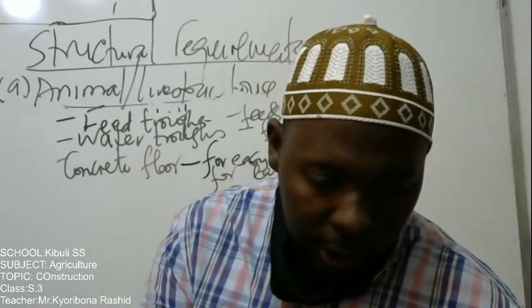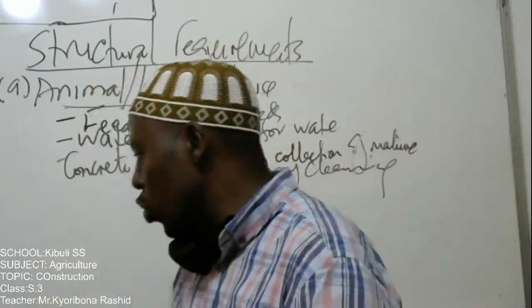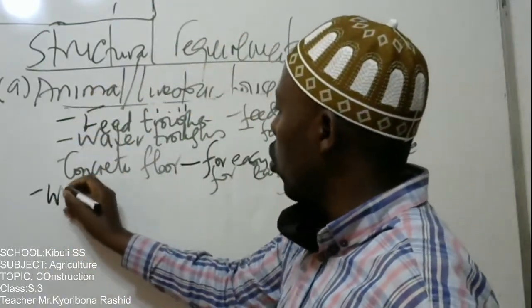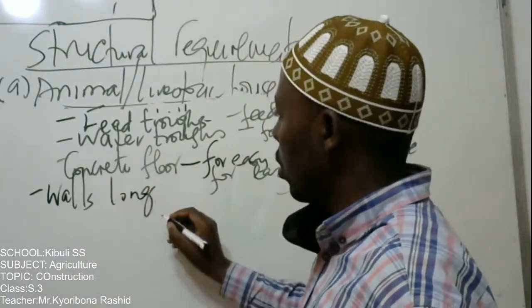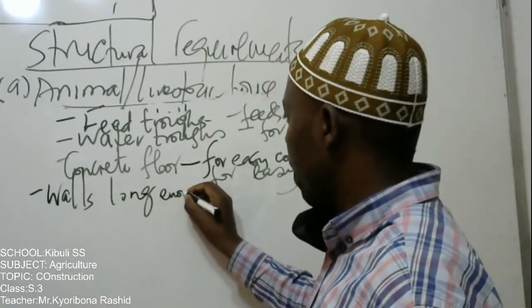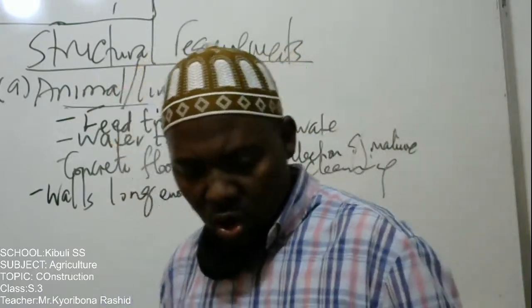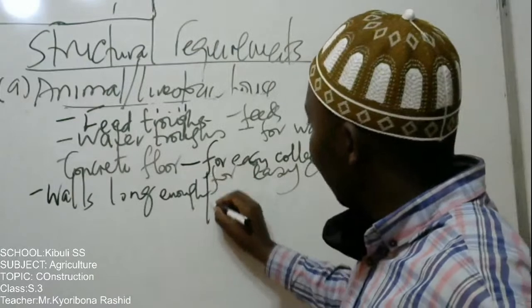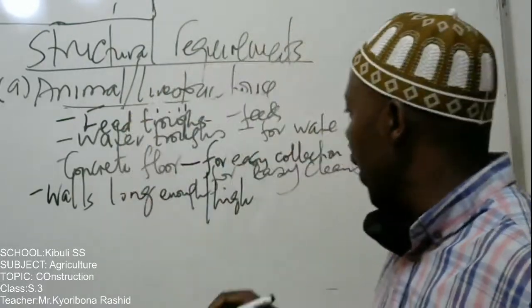Now, how should the floor be? Concrete. How should the walls be? Walls of animal houses should be long enough. Walls should be high. Okay? Why?